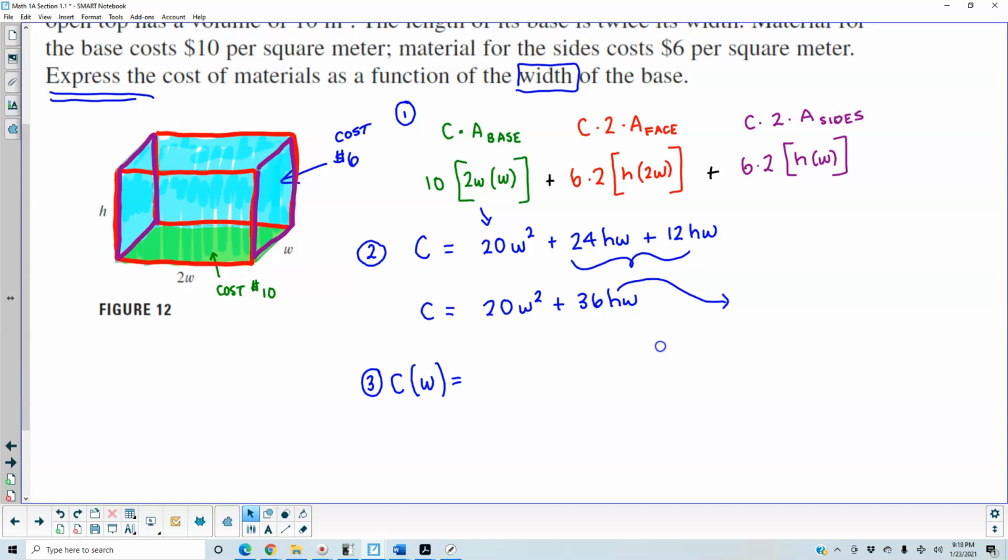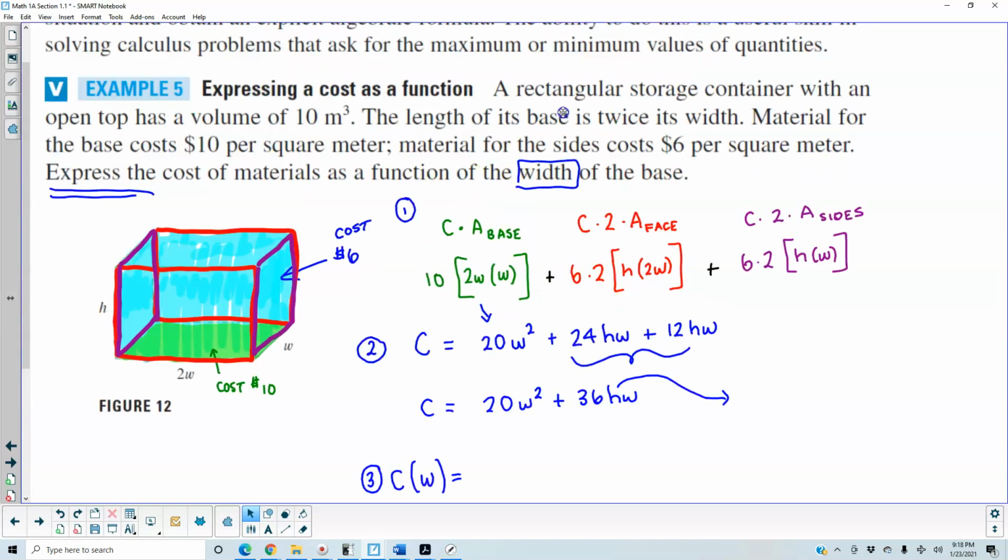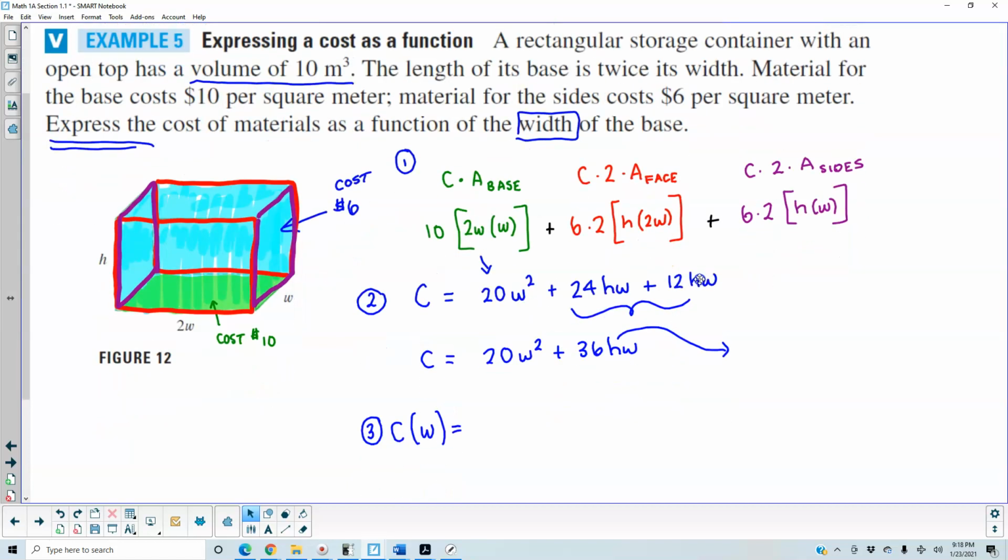In order to do that, we use the first sentence of this problem: a rectangular storage container with an open top has a volume of 10 cubic meters. So the volume is equal to 10 cubic meters.